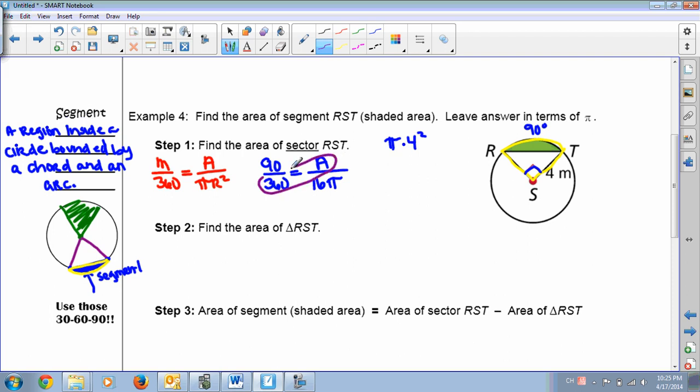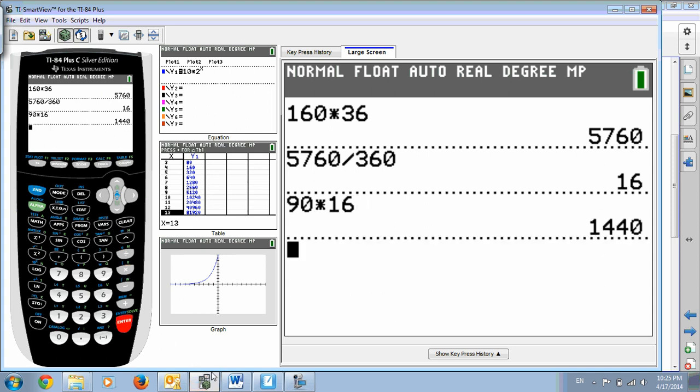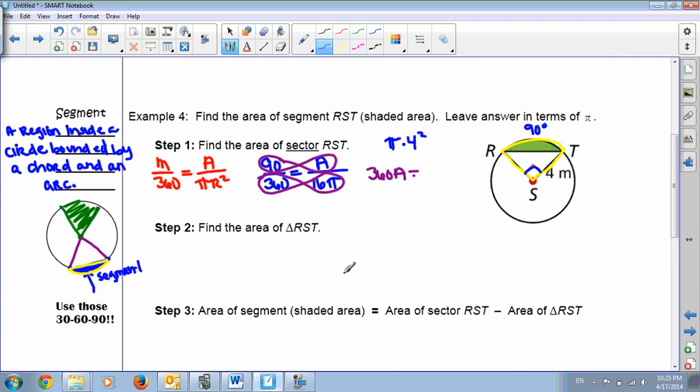So let's go ahead and cross multiply. So 360 times A is 360A. And 90 times 16 pi is 1,440 pi. And then we divide by 360.